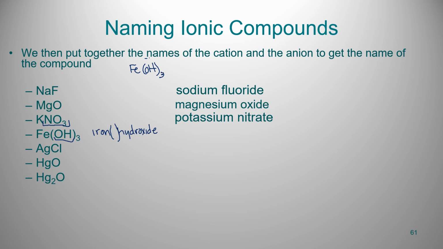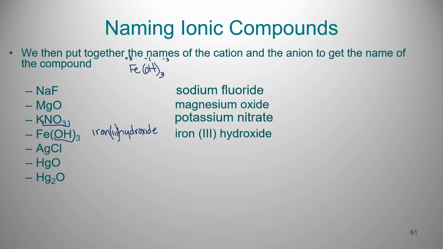If you didn't know that, you would be looking it up. OH is the polyatomic hydroxide. It's a -1. There's 3 of them, so the overall negative charge is 3. Because this is already balanced, that means that the overall positive charge has to be a +3. That means because there's only 1 iron, that iron is a +3. So this is the iron 3 hydroxide, the Roman numeral.